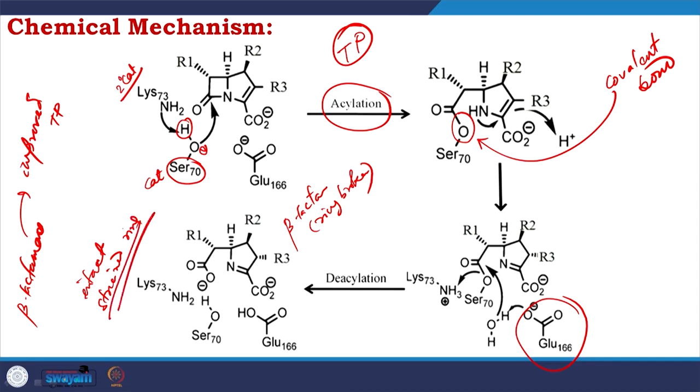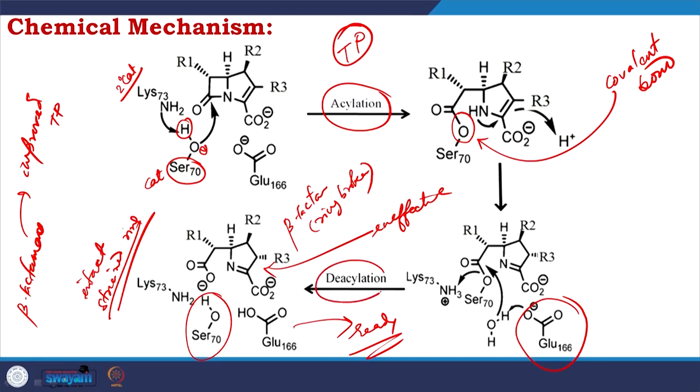So, in the absence of that ring, it is now ineffective, but the enzyme, if you look at it, the serine is free. So, the enzyme is ready to go for another attack, and that is why the resistance happens, and the second step of the reaction is called deacylation.